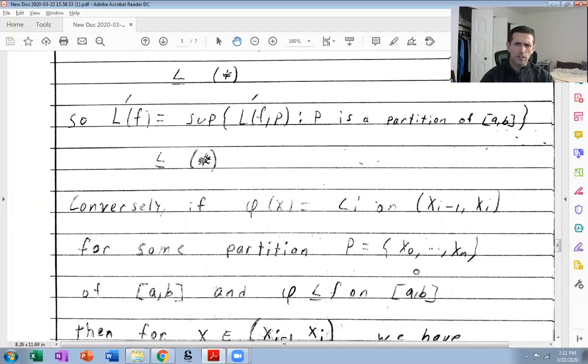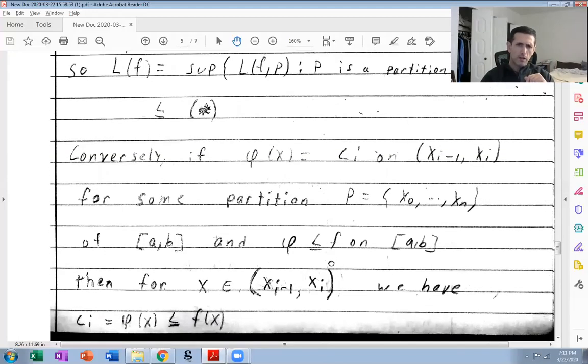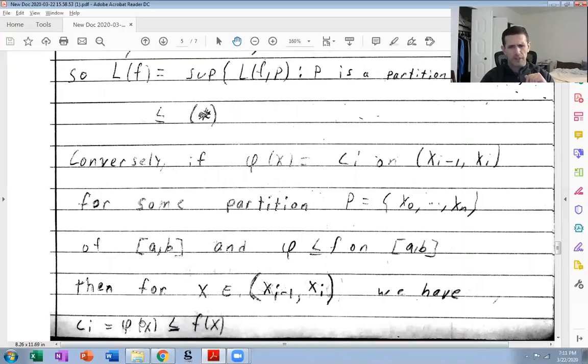All right. So what does that mean? Well, if x is between xi minus 1 and xi, if x is in this open interval, then by definition ci is phi of x. We're assuming phi of x is less than or equal to f of x for any x in A to B. Certainly if we're in this open partition interval, we're in A to B. So, right, for x in each of these partition intervals, ci is less than or equal to f of x.